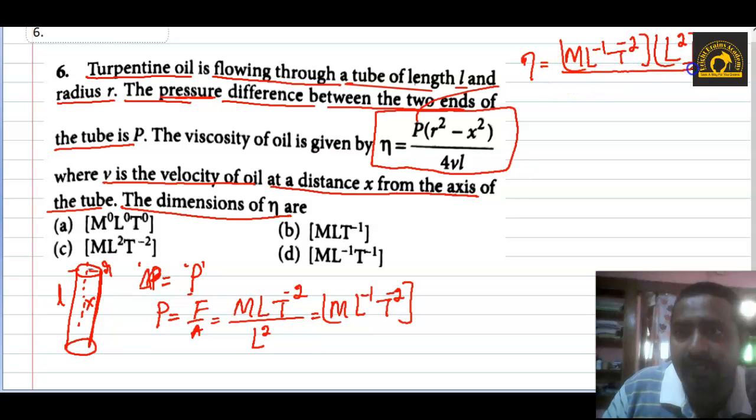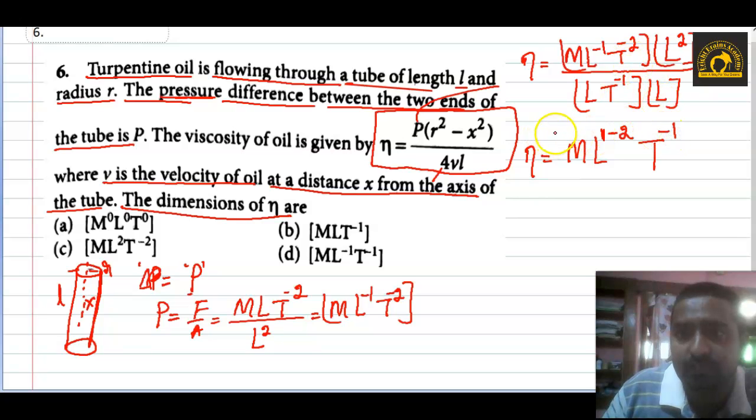Then divided by 4, which is a constant, and the velocity dimensional formula is meter per second, then length, it is L. So the dimensional formula for eta is M, L to the power of -1 plus 2, that is 1, so 1 plus 1, 2, minus 2. Then T to the power of -2 plus 1, that is -1.